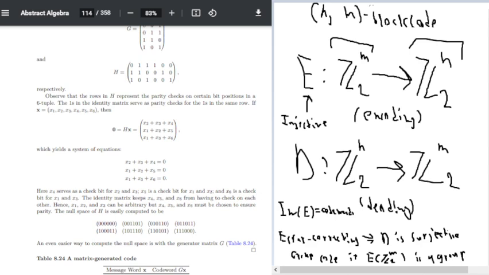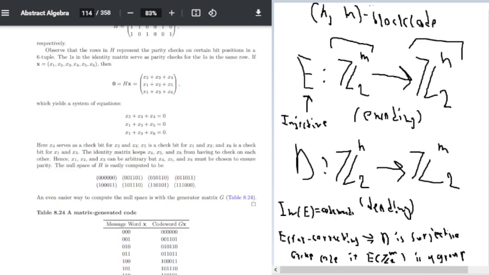The ones in the identity matrix serve as parity checks for the ones in the same row. If x is equal to x1, x2, x3, x4, x5, x6, then 0 is equal to Hx, which is x2 plus x3 plus x4, x1 plus x2 plus x5, and x1 plus x3 plus x6, which yields a system of equations: x2 plus x3 plus x4 equals 0, x1 plus x2 plus x5 equals 0, and x1 plus x3 plus x6 is equal to 0.